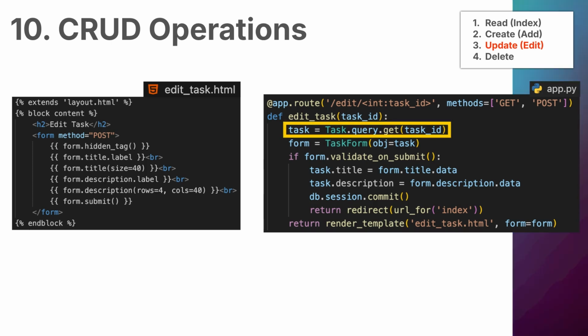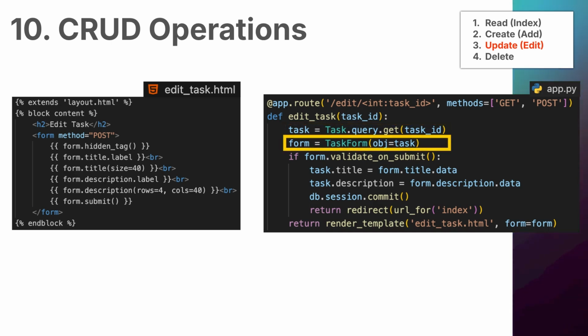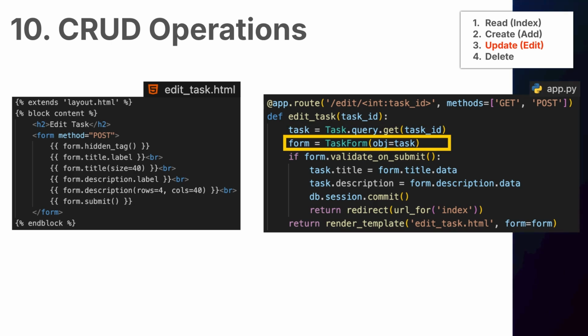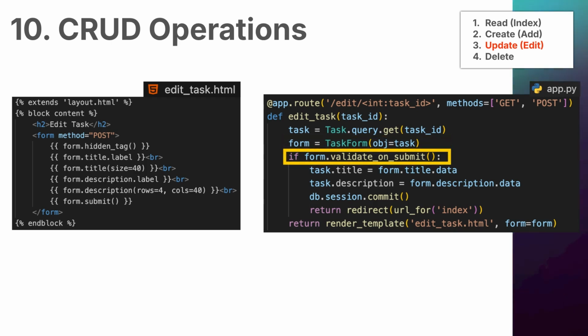The edit task route fetches the task from the database using the given task ID. It returns a task object with title and description. This creates a form and pre-fills it with data from the task object. The obj equals task argument tells the form to use the current task's values for the form fields. Then it checks if the form has been submitted using POST and all required fields are valid.